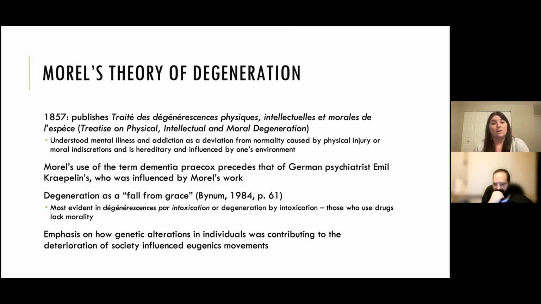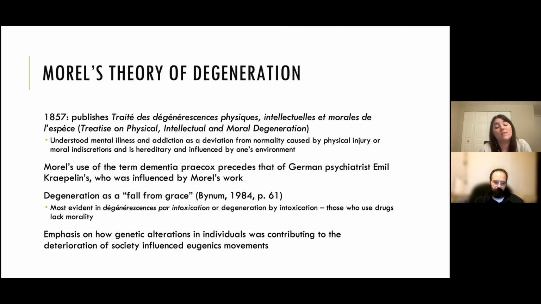We can also see Morel's Catholicism bleed through into his theory in his discussion of degeneration as a fall from grace. His later writings refer to degeneration as being reflective of aberrations from God's creation. So he thought degeneration was a pathological deviation caused by original sin, which was representative of man disobeying God's moral law.